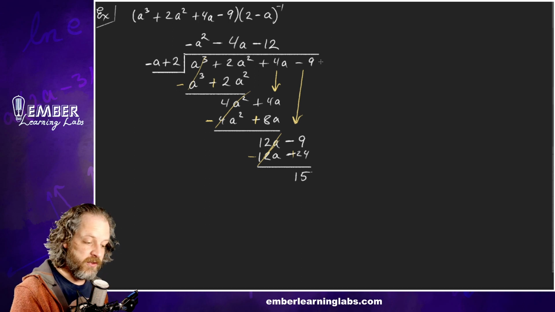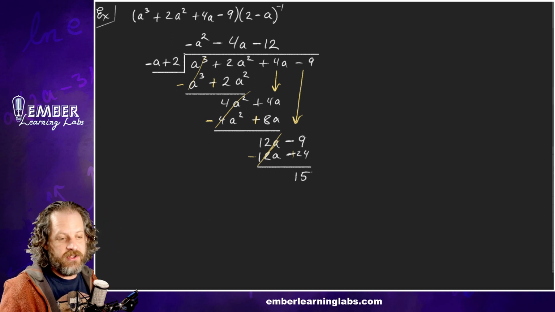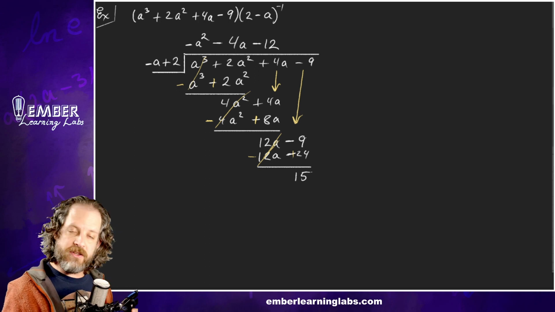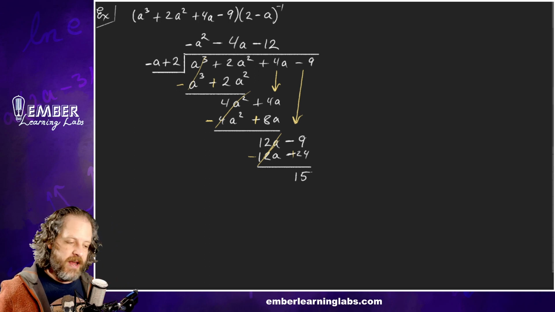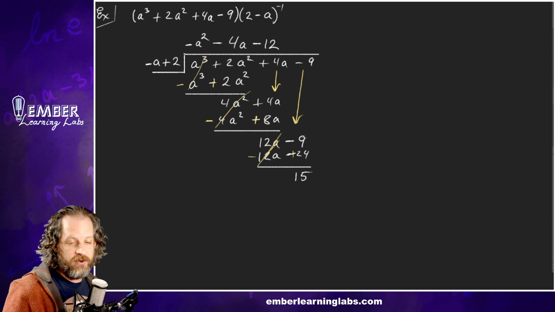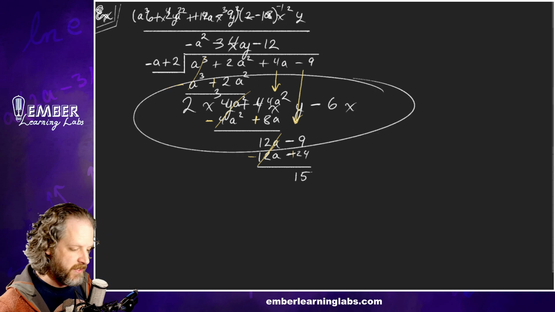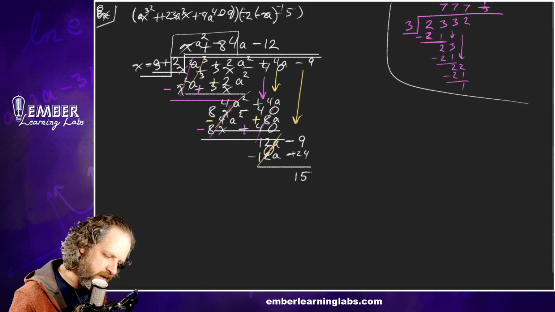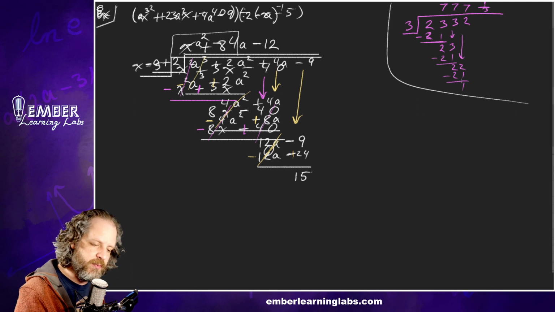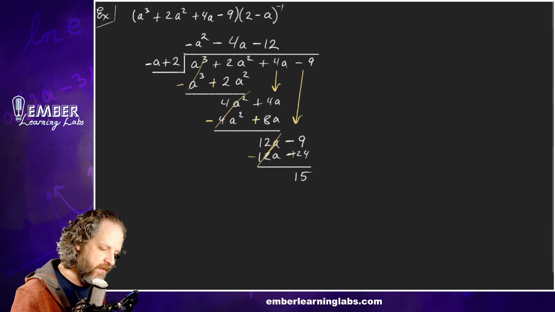So we're at the end of the row. So now we're at the remainder zone. When we do these divisions of polynomials, we like to write our remainder as a fraction. So remember what we do to write as a fraction. If we go back to the previous one, what we did was we put this one over that one. We're going to do the same thing over here.